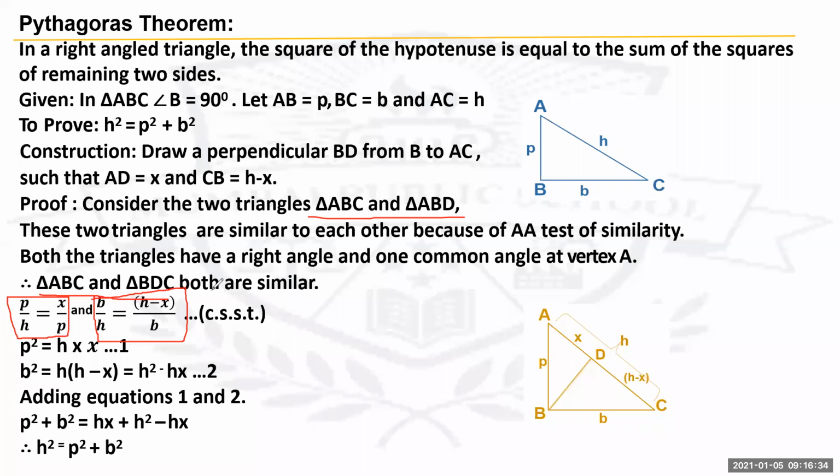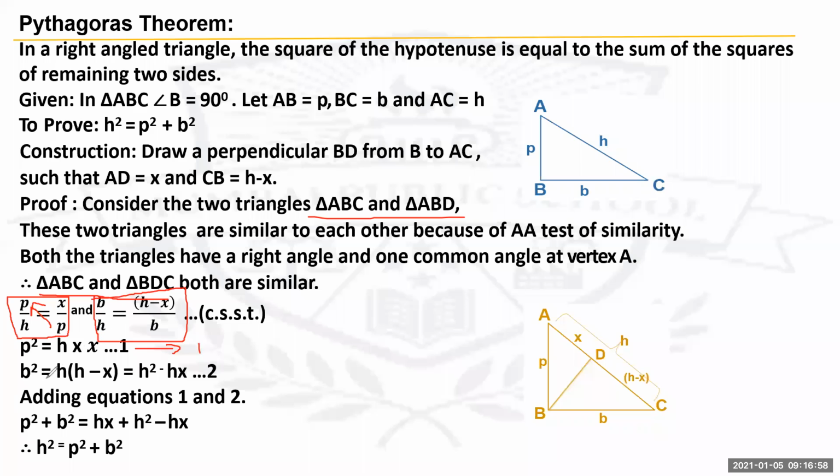Understand? Now when you cross multiply this, you get P square equals H into X. This is your statement number one, from the first relation which you have got from triangles ABC and ABD.